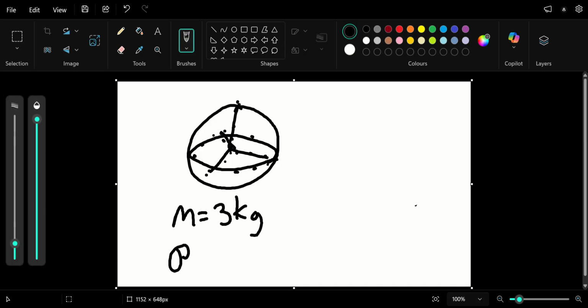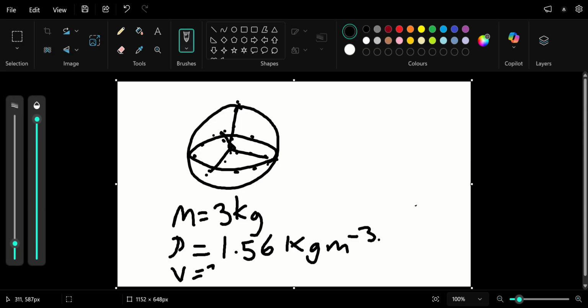Its density is, oh, sorry about that. This density is 1.56 kilograms per meters cubed. Therefore, we need to find its volume. And the second part of the question, finding its radius.